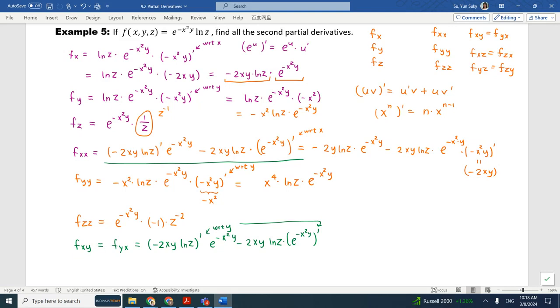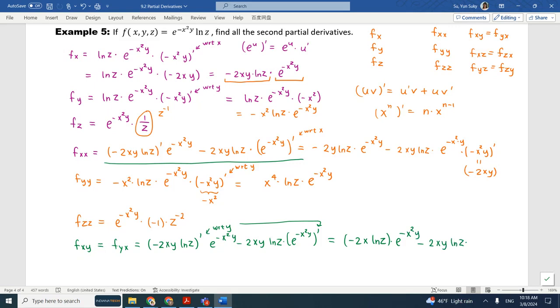Okay, with respect to y, what's the derivative? Yeah, negative 2x and z, the y just disappears, times e to the negative x squared y, and minus 2xy and z.